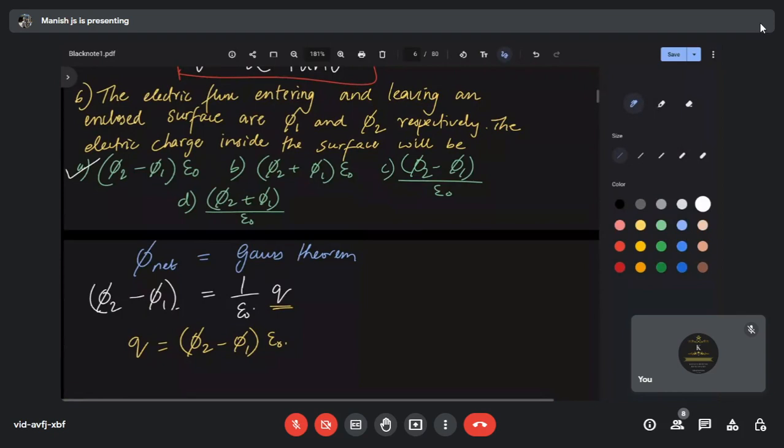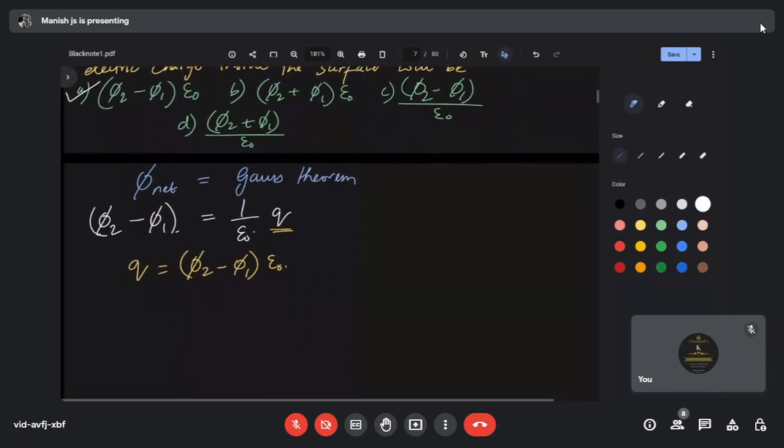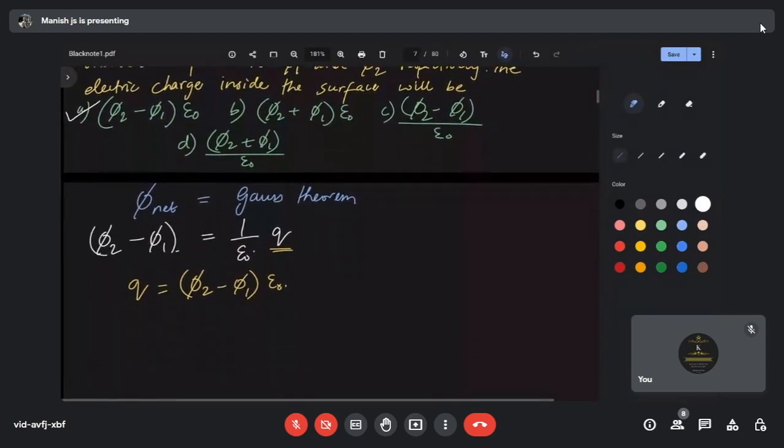So net electric flux is phi 2 minus phi 1. Or you can also say change in electric flux, delta phi. Sometimes we refer to it as delta phi. That is also correct. Okay, that's how you do this.